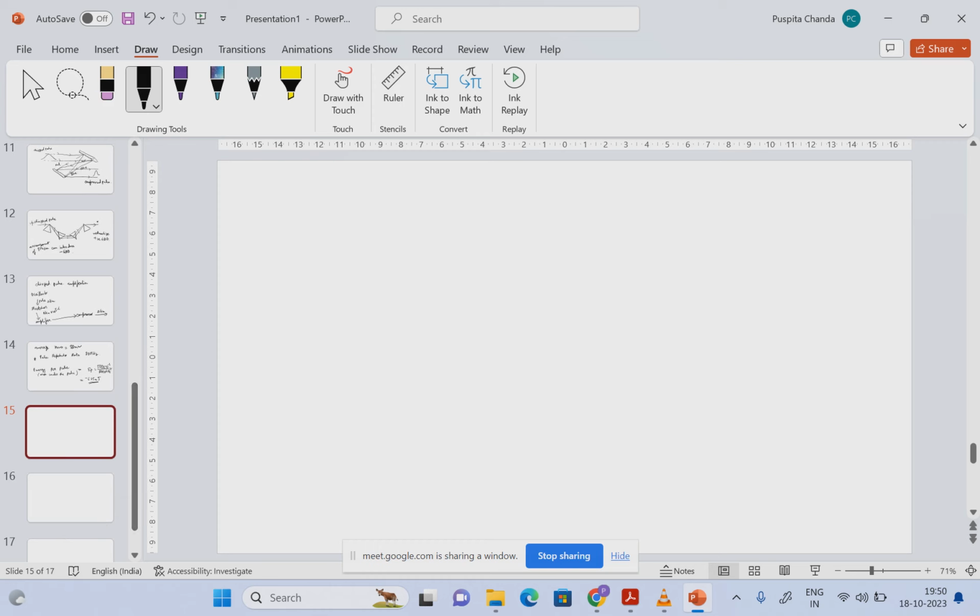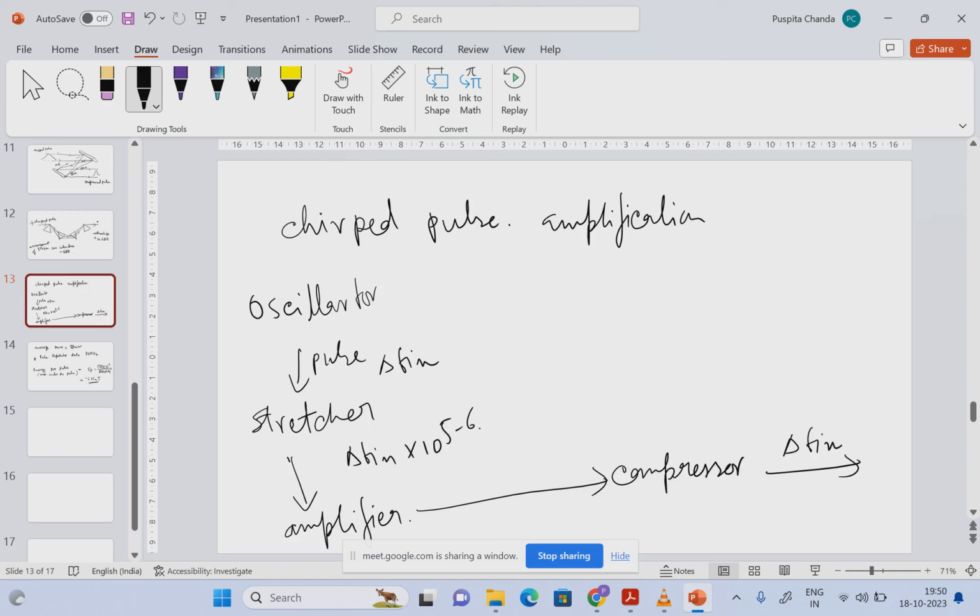Okay. So there may be a question why we use grating or prism for stretching and compressing. After the amplifier, the pulse power becomes very high. The stretcher and compressor are basically prism and grating.